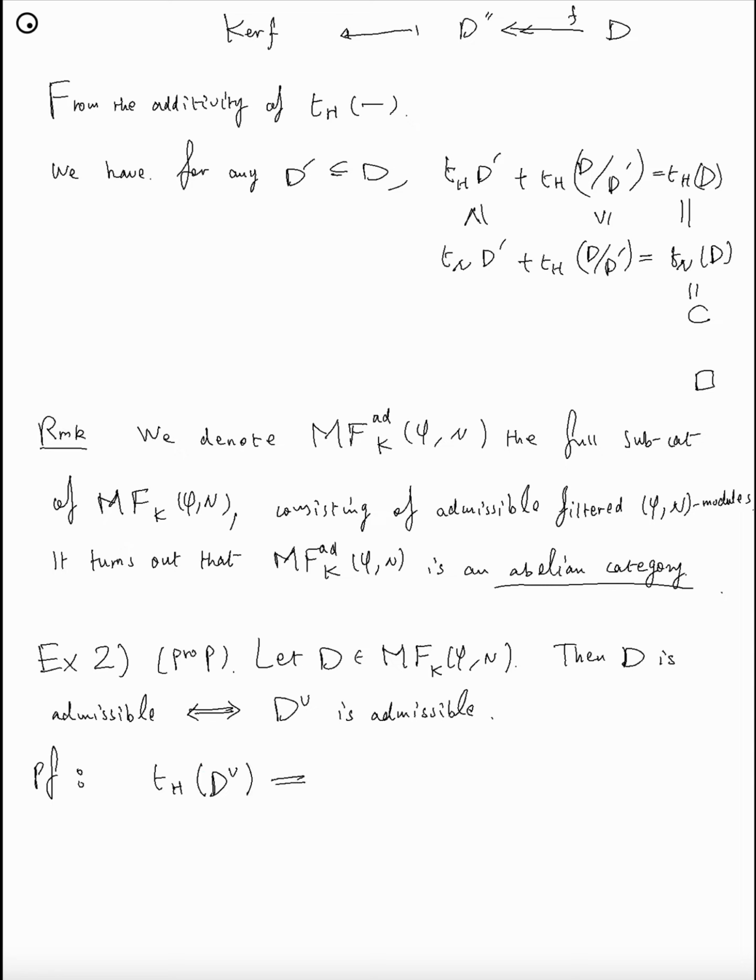The Hodge number of D dual is minus of the Hodge number of D. Similarly, Newton number of D dual is minus of the Newton number of D. This is also what we have proved, the determinant of a matrix and its inverse. And then again, plus just the additivity of tH and tN, it's easy to prove this equivalence.